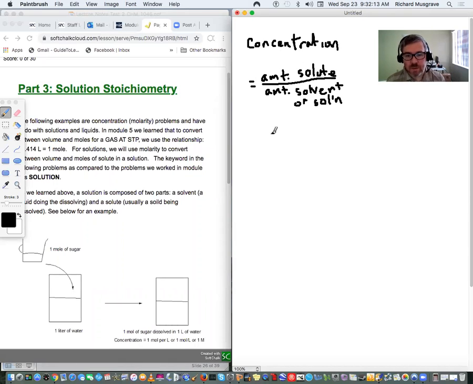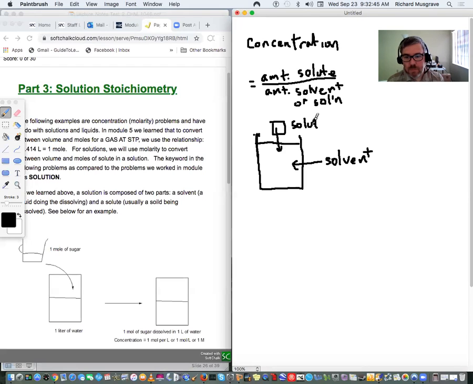So let's look at the definitions here. Let's say we've got something like an Alka-Seltzer tablet. The solvent is what's doing the dissolving. It's usually a liquid, of course. And then you've got the solute, which is what's going to be dissolved in the solvent.